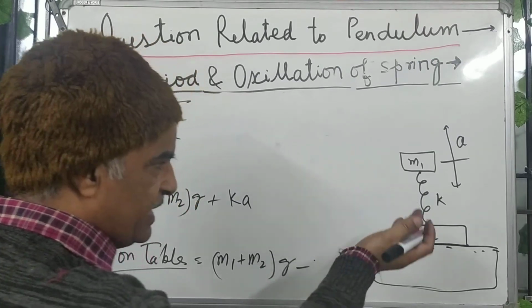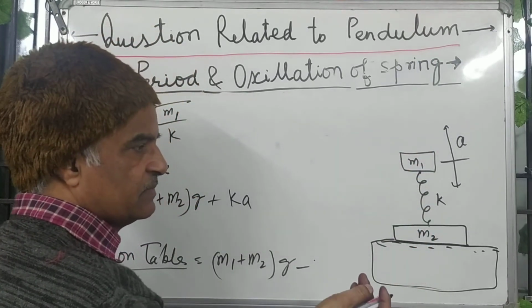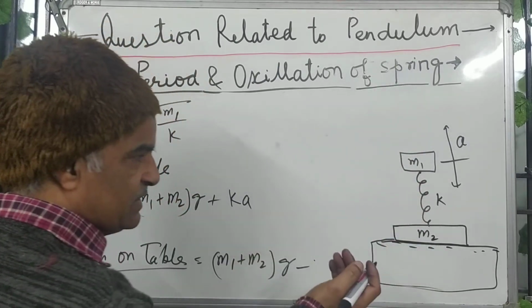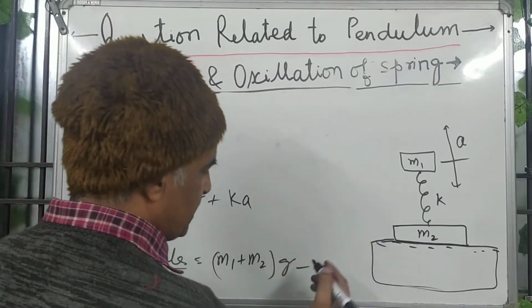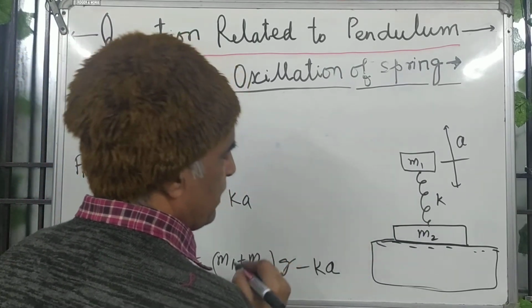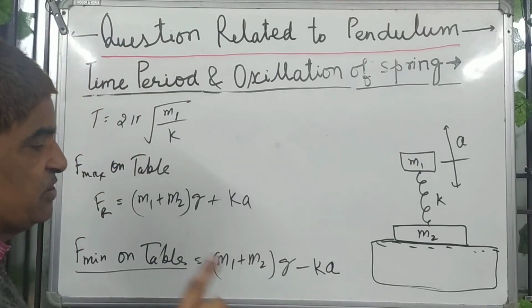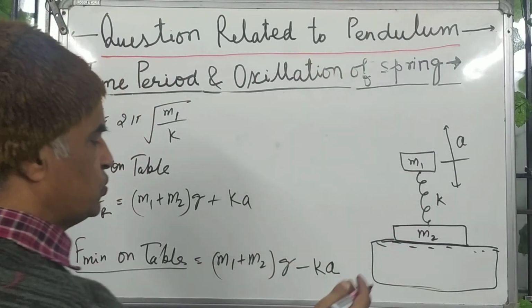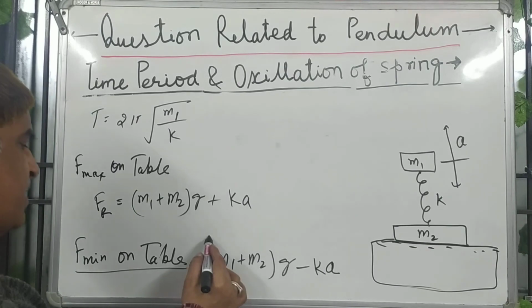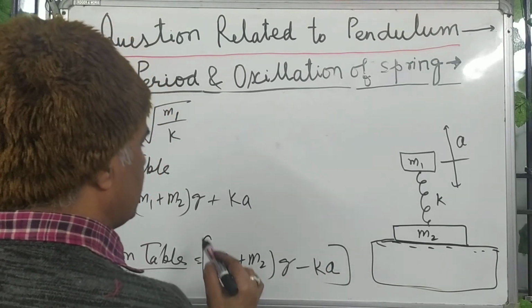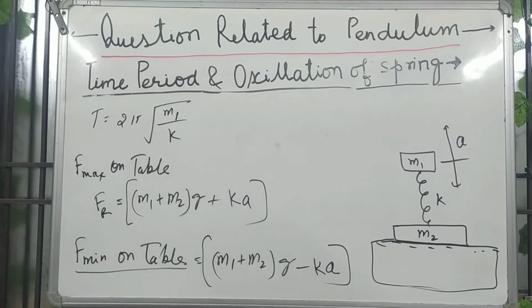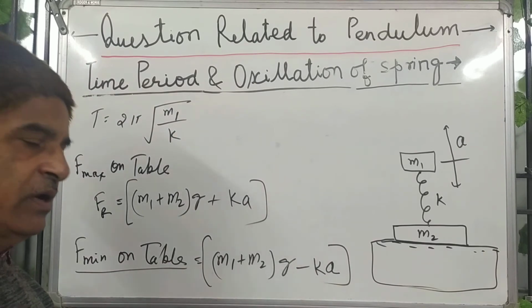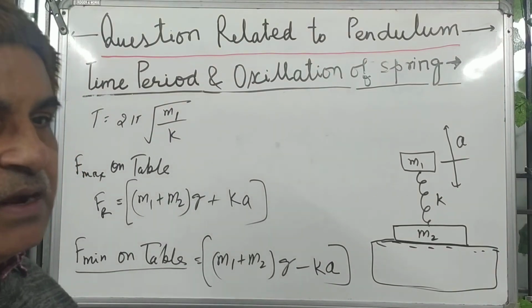But now let the spring move outward, extension is taking place, the force acting by the spring is upward, so that is minus ka, the maximum extension in the spring being a. So this will be the minimum reactant force on the table, and the earlier one is the maximum reactant force on the table. Please clear this.